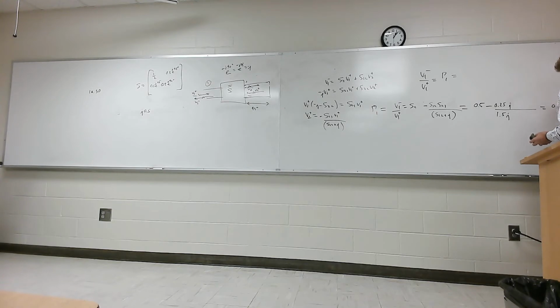I have 0.5, and it's minus 0.25, a quarter, over 1.5. So 1 quarter divided by 3 halves, right? So that's 1/6. So it's 1/2 minus 1/6.